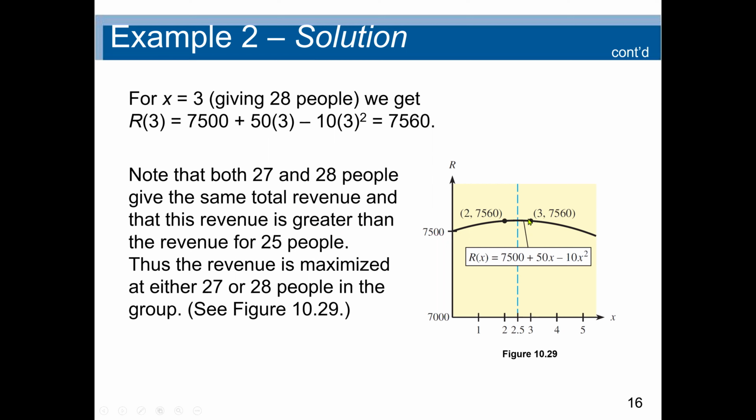That's what we did here. So the average cost function will be 1/4 x plus 4 plus 100 over x. So if no question, let's keep going.